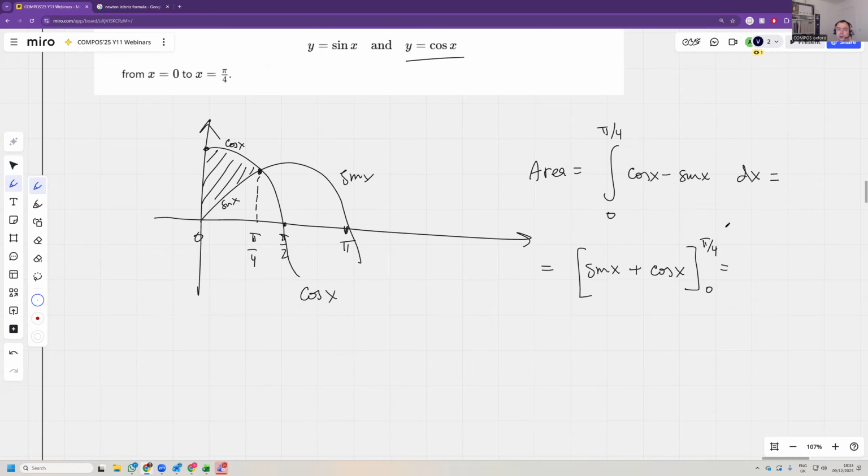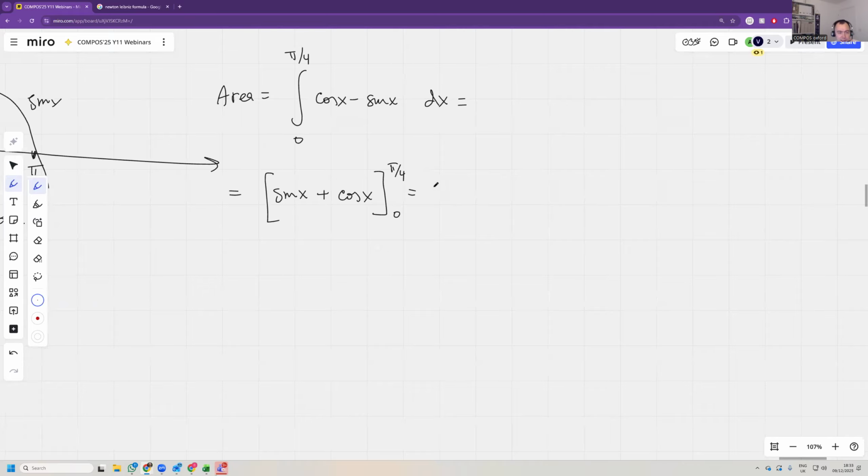So substitute pi over 4 first. That's going to be sine pi over 4 plus cos pi over 4, minus sine 0 plus cos 0.